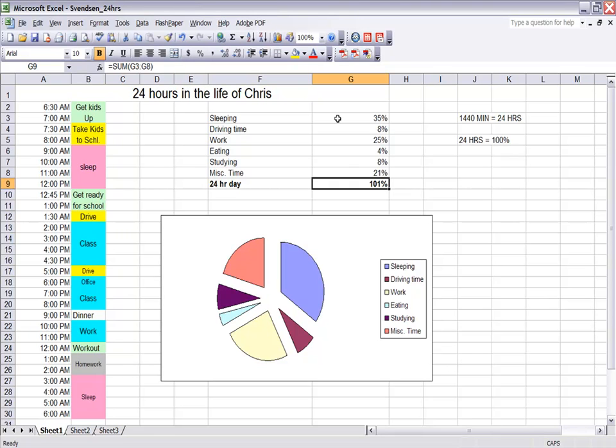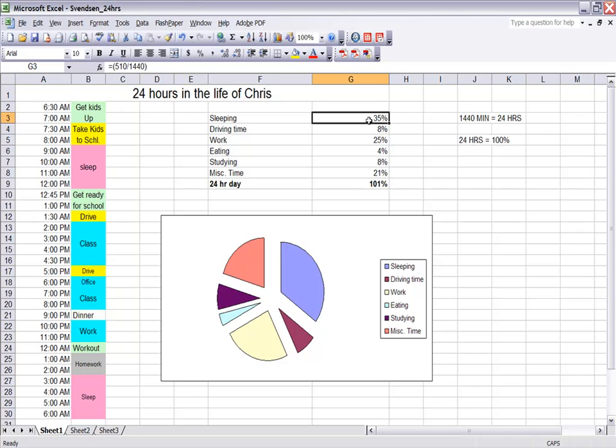Those are the kinds of things I want you to think about, because when we do our percentages, what we have to figure out is what percentage of my time do I sleep. Well, to do that, I'm going to take the amount of time I sleep, 510 minutes, and divide it by 1,440. What does 1,440 equal? It equals 24 hours.